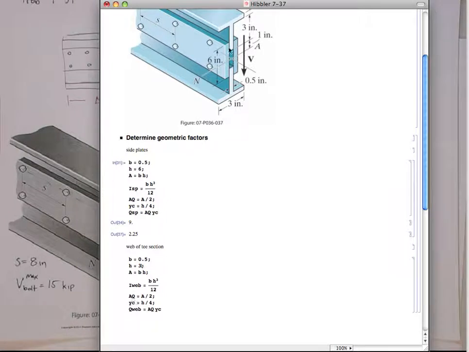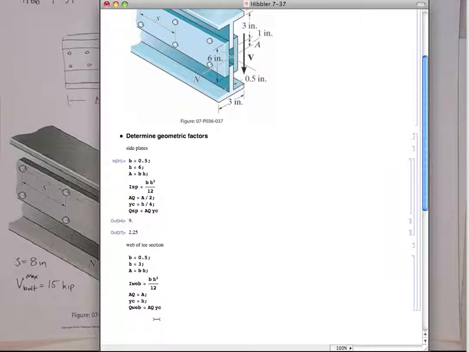Now the Q area in this case is actually the total area. And the location to the centroid is 1 inch plus half of this distance, which is not h on 4 anymore, but it's 1 inch plus h on 2. Okay? And this gets the Q of the web.